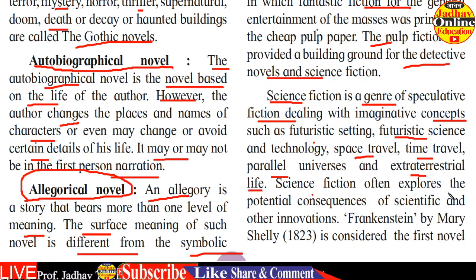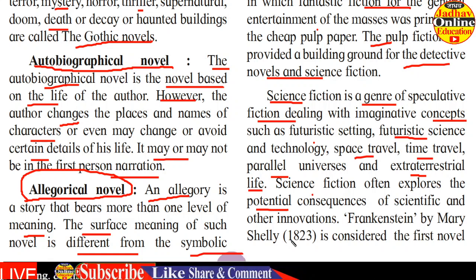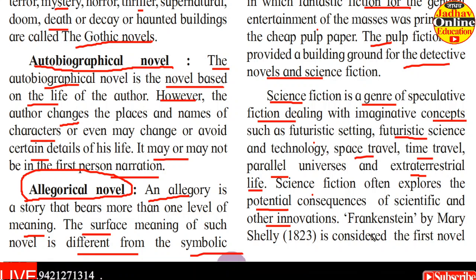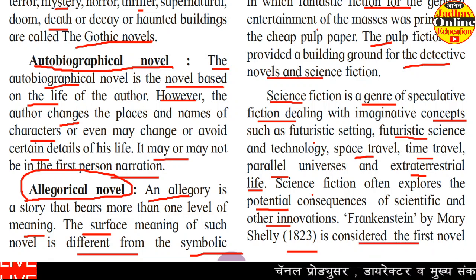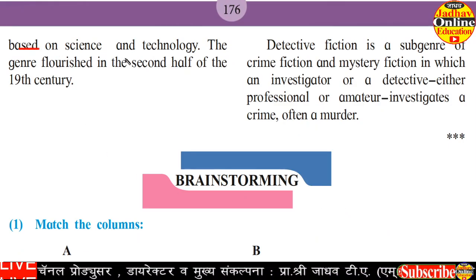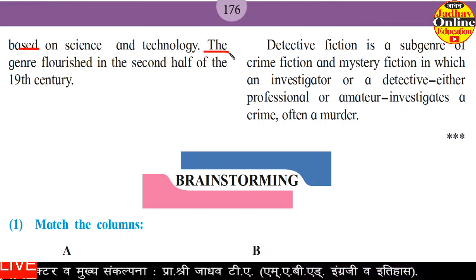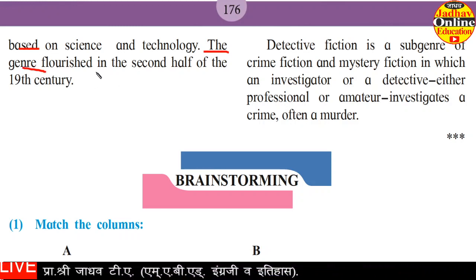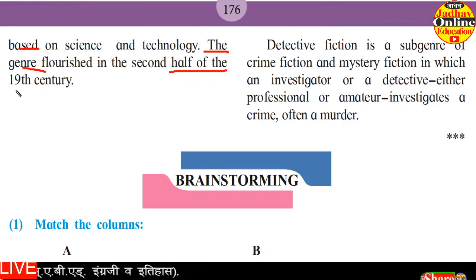Science fiction often explores the potential consequences of scientific and other innovations. Frankenstein by Mary Shelley, 1823, is considered the first novel based on science and technology. The genre flourished in the second half of the 19th century.